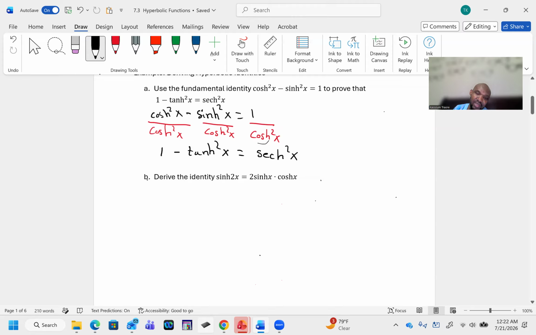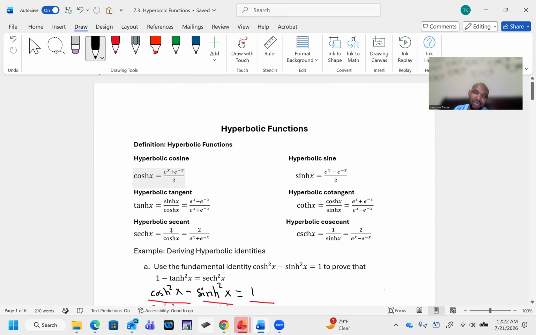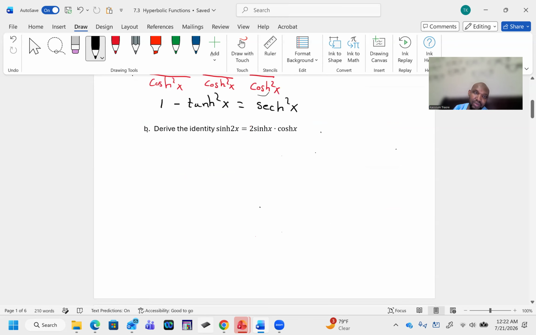Based on the definition of hyperbolic functions, we already know hyperbolic sine of x is e to the power of x minus e to the power of negative x, divided by 2, right? And hyperbolic cosine of x is e to the power of x plus e to the power of negative x, divided by 2.